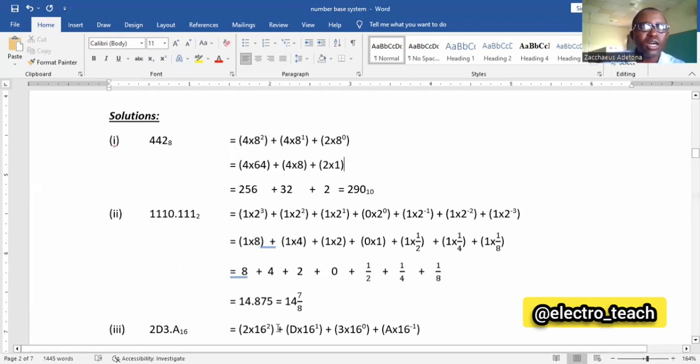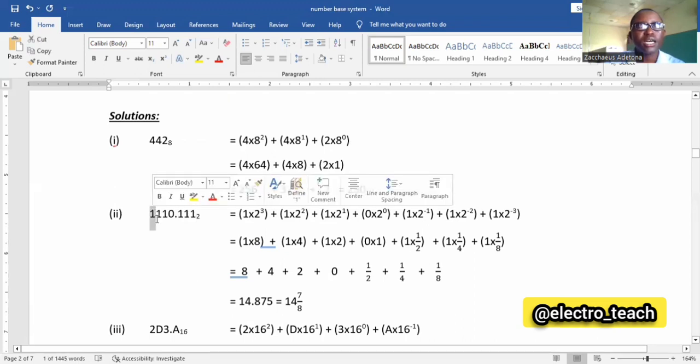Now we have the second one, 1110.111 base 2. Just like the example I did earlier, you can convert this number in base 2 to base 10. Now we are in base 2, so the base will be having powers. Each digit here has a place value. The place value of this first one here is 3.